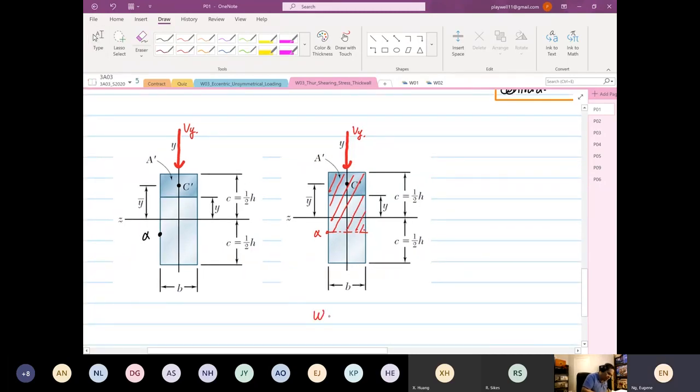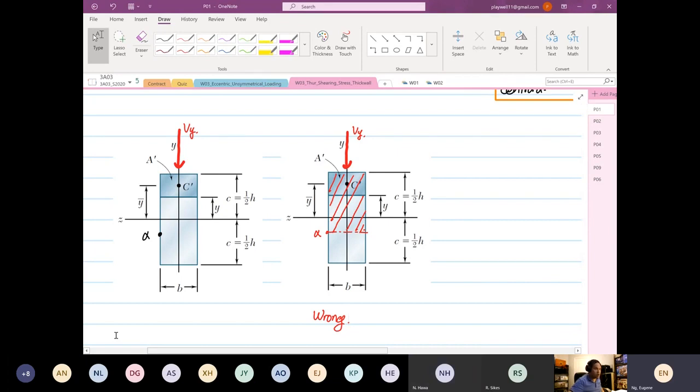Any idea why this is wrong? Anyone, please? Anyone, why this is not correct at all? No? Because of one of the rules about intersecting. You cross it, yes or no?